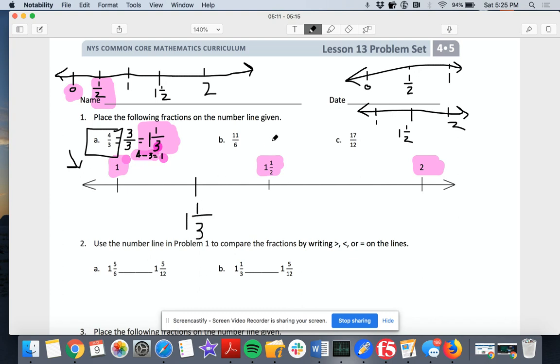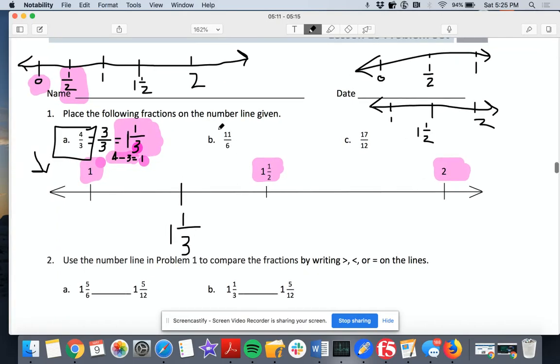Okay. Let's try this 11/6. Once again, let's break this up. I know that 6/6 is equal to 1, right? Because the numerator and denominator are the same. And then I still have some fraction left over.